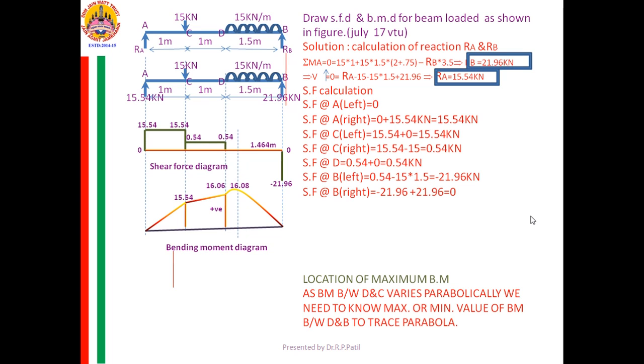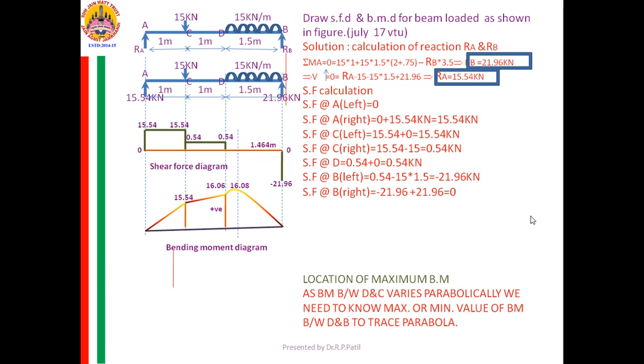Means if UDL is there, in the shear force it will be an inclined line. Y is equal to ax plus b is an inclined line cutting the y axis at a distance equal to c, is the meaning of it. Here only we need to understand what is the meaning of that variation, how I need to connect it.